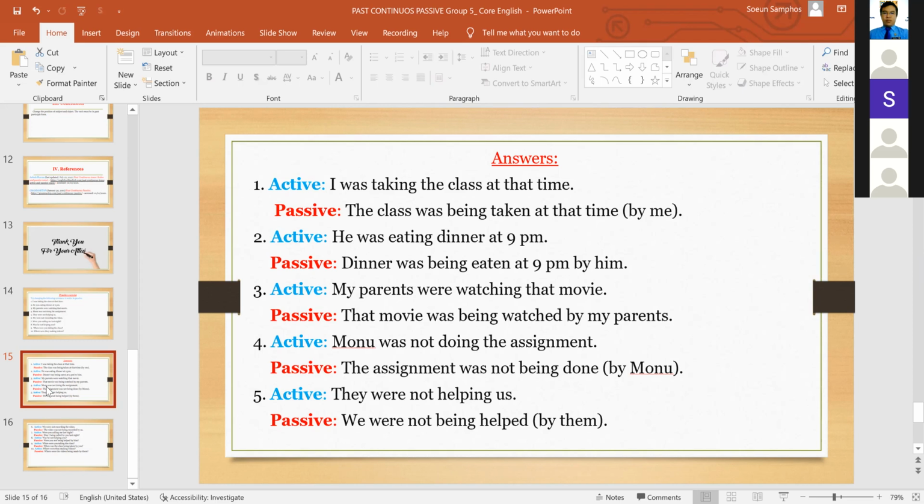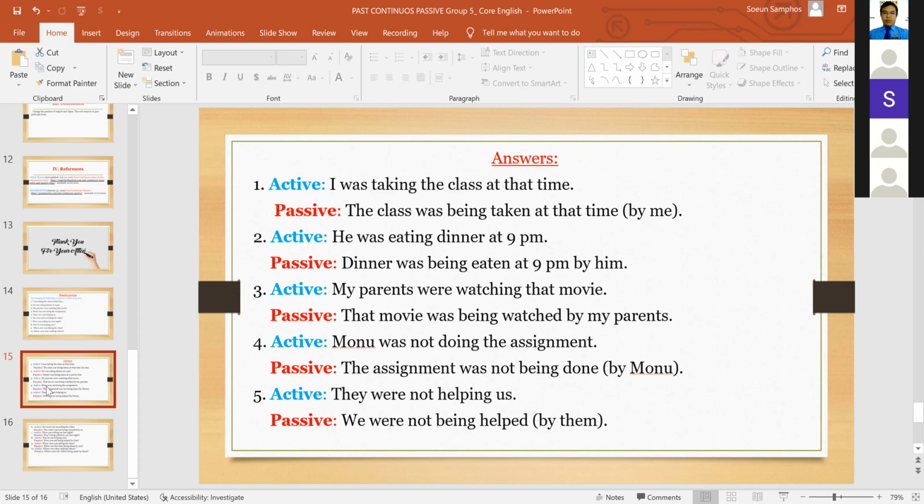The answer: this class was being taken at the time by me. We choose the class to be the subject and we change it to the passive voice. This class was being taken at the time by me.